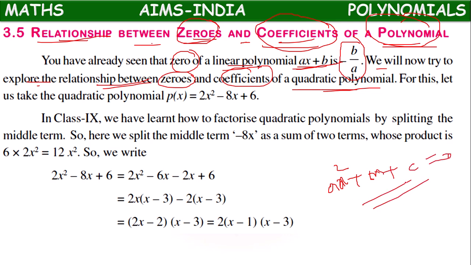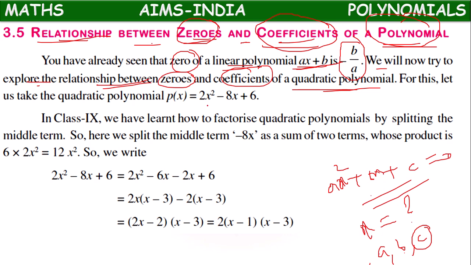The values of x are called zeros, and the constants a, b, c are called coefficients. C is the constant, a is the x square coefficient, b is the x coefficient.